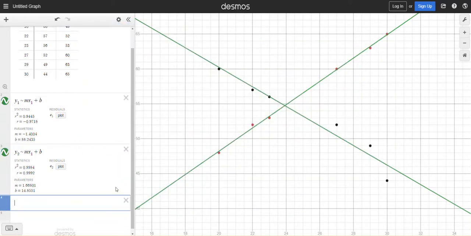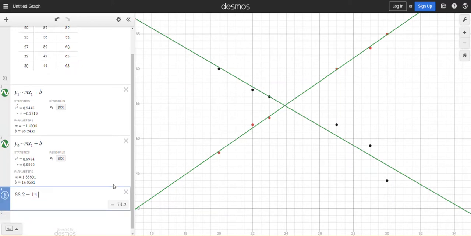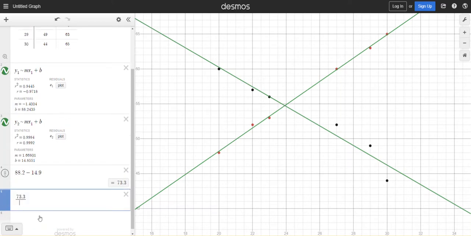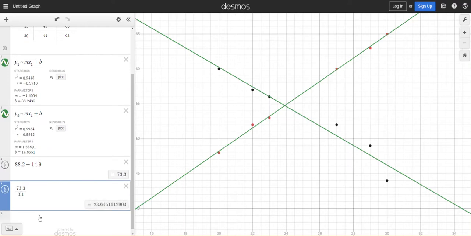I'm using Desmos to help me with a little bit of arithmetic here. That is 73.3. And then I'll have to divide by the 3.1. So let me do that. And I get about 23.6, it says to round to the nearest cent, this is a price, so to the nearest cent that would be 23.65.